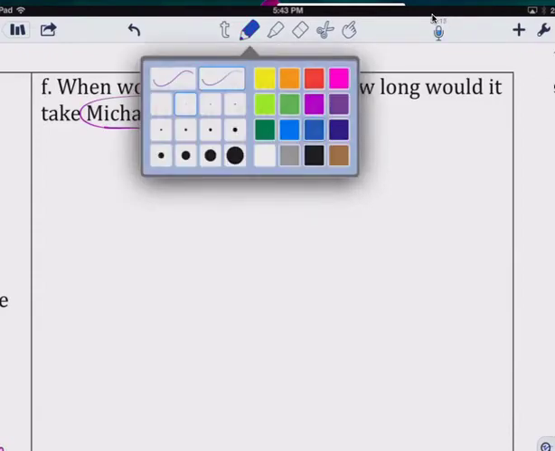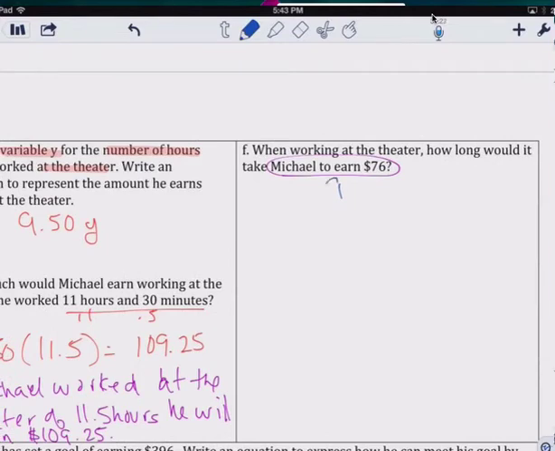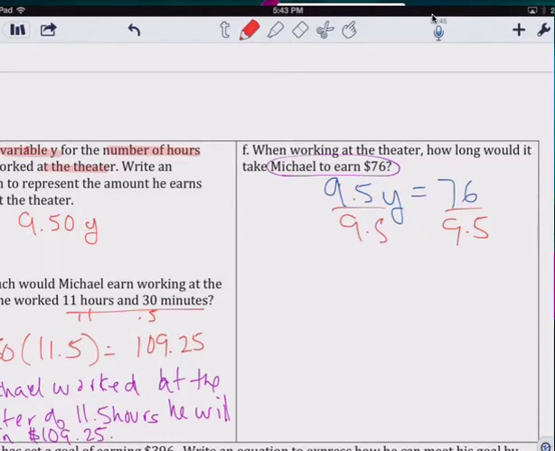Okay, so we know that Michael's earning is 9.5 times the number of hours he's worked, and that's going to get him $76. So you have to divide by 9.5. 76 divided by 9.5 is 8 hours.